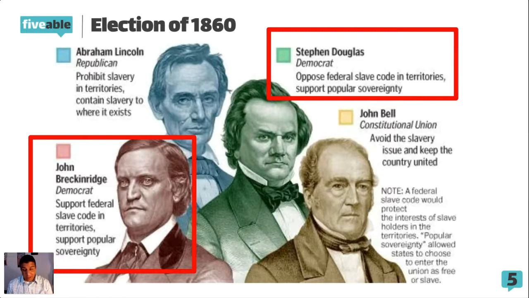You have two people representing the party, and people are divided, so they vote half for this person and half for this person, and really, they can't compete against a unified party. It's like, imagine if Bernie Sanders and Hillary Clinton were running against Trump. Basically, half the Democrats would vote for Bernie, half would vote for Hillary, and that would split the Democratic vote. Well, that's exactly what happened.